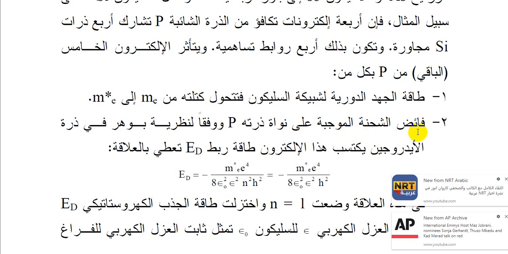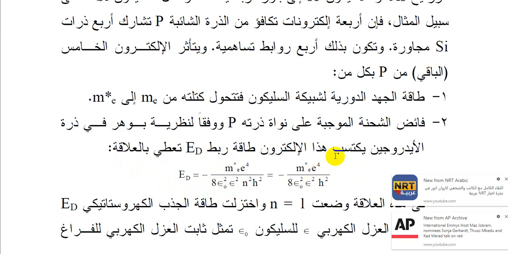Because of the positive charge overflow at the nucleus of the P atom, according to Bohr theory in the hydrogen atom, the electron will acquire a binding energy ED given by the relationship ED equals 2 M effective e to the power 4, as you can see in front of you.